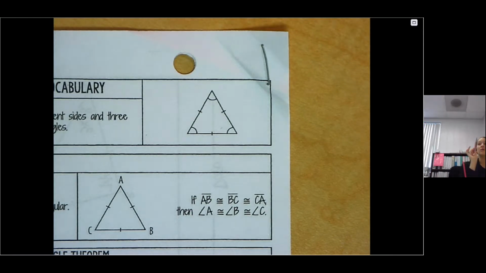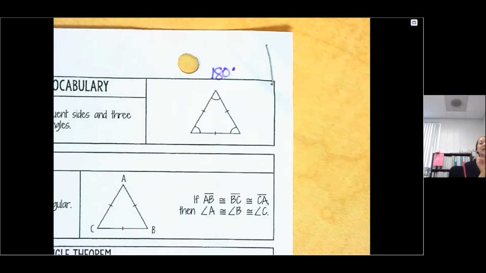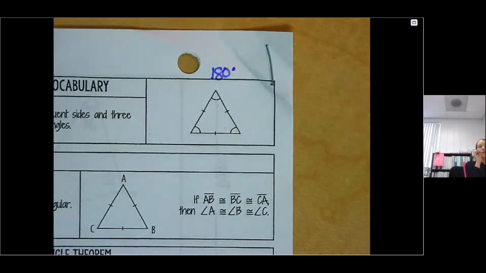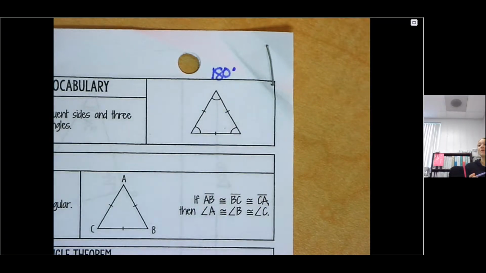Inside of the triangle, your angles always add up to be what? 180 degrees. So, in an equilateral triangle, what does each angle always have to be? Good. How'd you get 60? Because 6, 12, 18, 0, you get 60. Yeah. Divided by 3, right? So 60 plus 60 plus 60 is always going to give me 180.